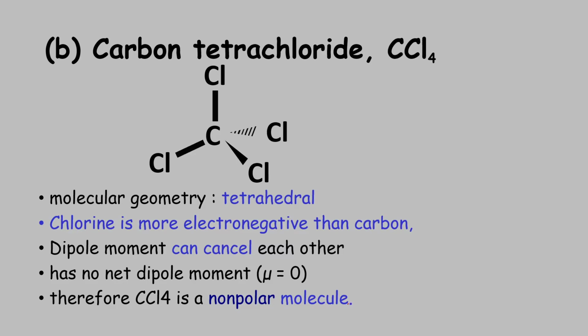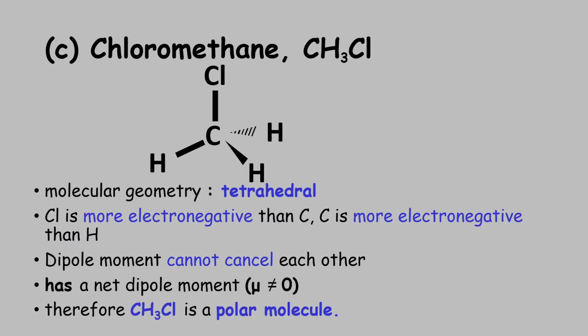Sama juga macam tetrahedral, even though susah lah sikit nak nampak dia cancel out each other, just rest assured as long as it is a basic shape, it cancel out each other. Basic shape je dia cancel out each other. All of this cancel out the dipole moment, making this molecule non-polar.